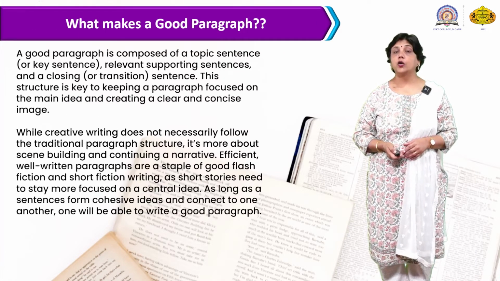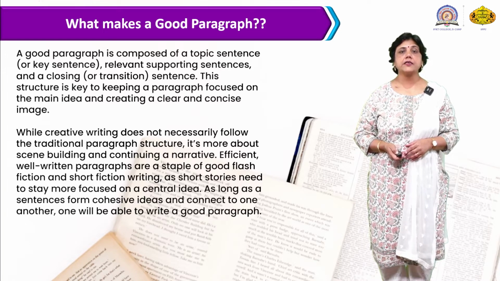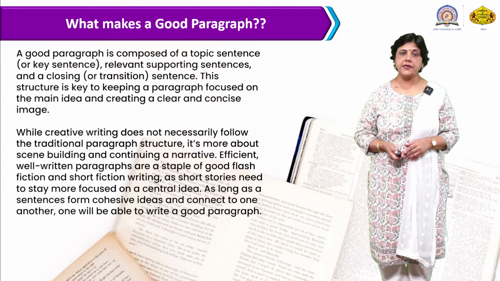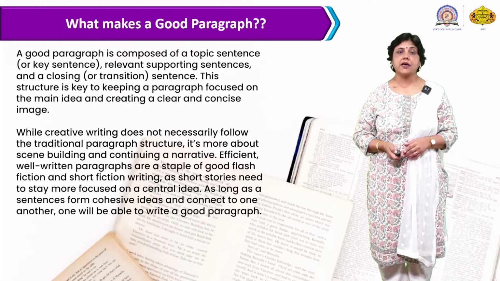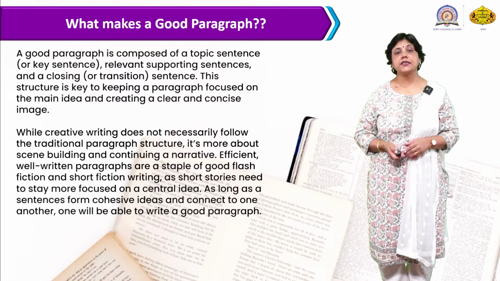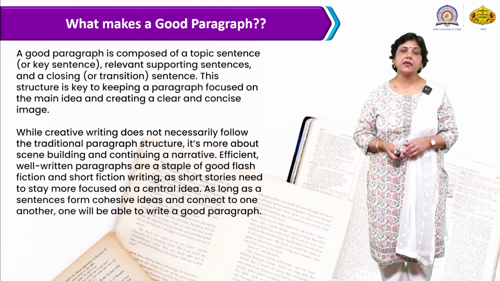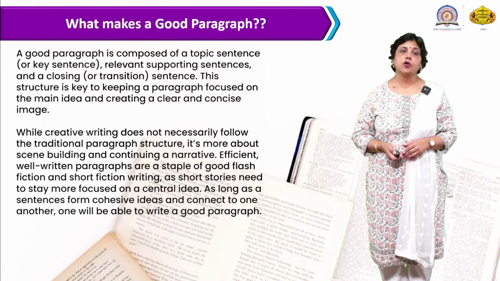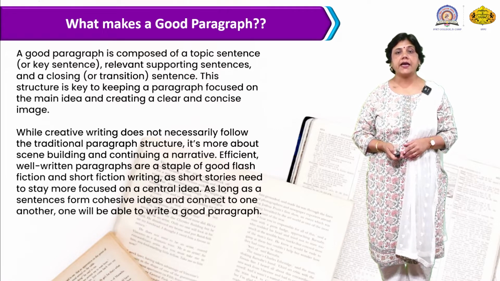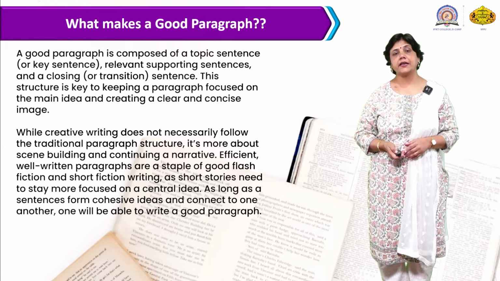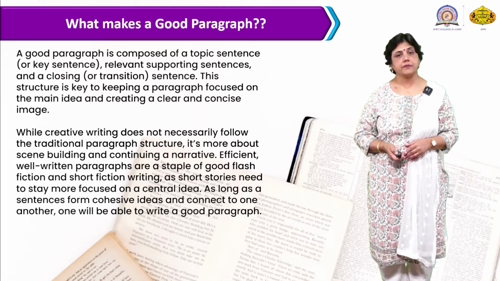What makes a good paragraph? A good paragraph is composed of a topic sentence or a key sentence, relevant supporting sentences, and a closing or transition sentence. This structure is key to keeping a paragraph focused on the main idea and creating a clear and concise image.